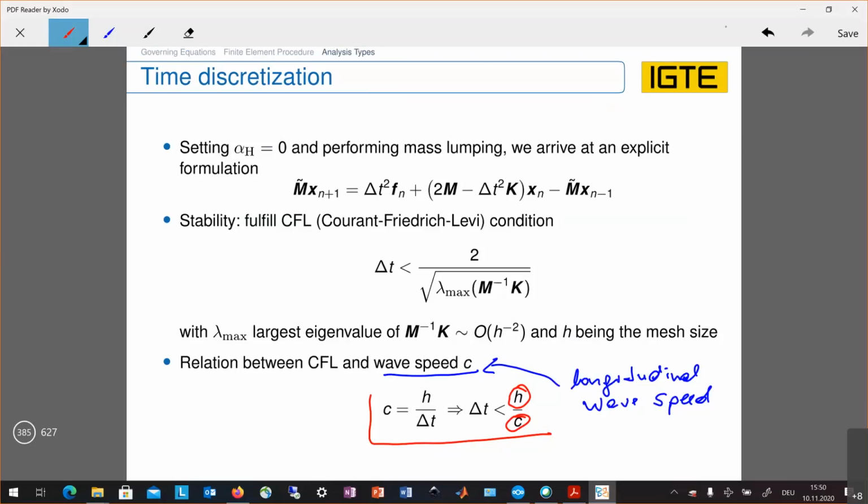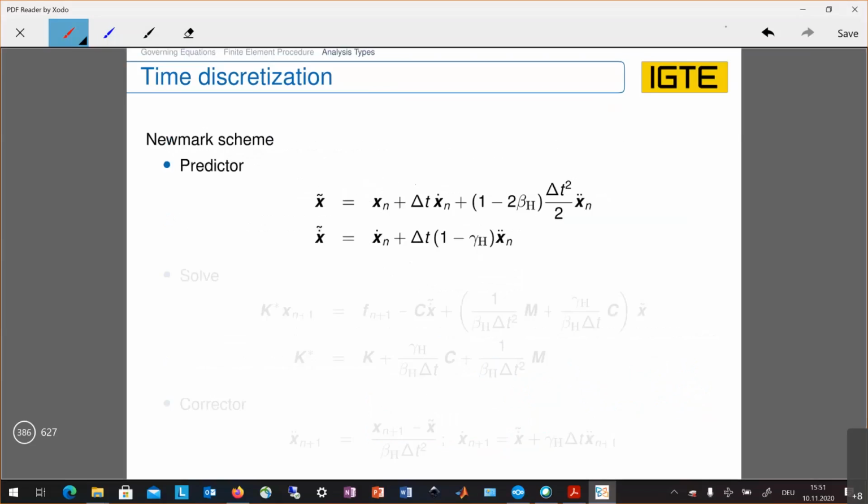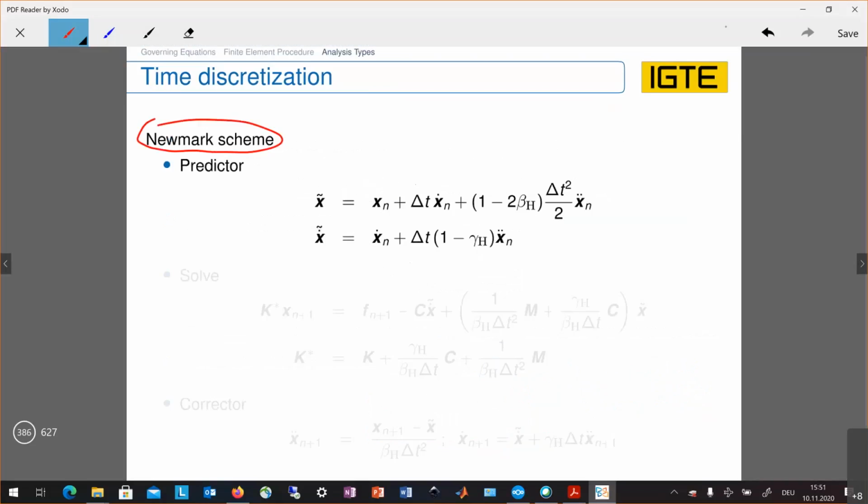In computational mechanics, you mainly apply such an explicit time discretization for crash simulations. For almost all others, we will do an implicit method, and the implicit method of choice is the so-called Newmark scheme, which means you first compute the predictors.